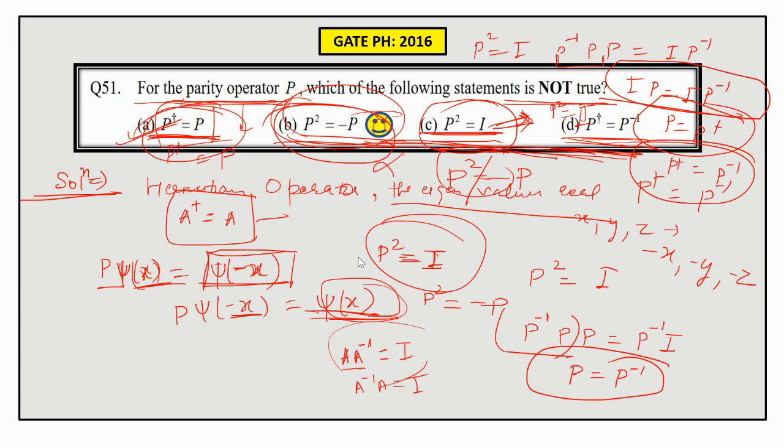Okay, then only these properties, because I have read only these three properties. P is equal to minus P, like this way. But what is the mathematical significance of this statement, P is equal to minus P?